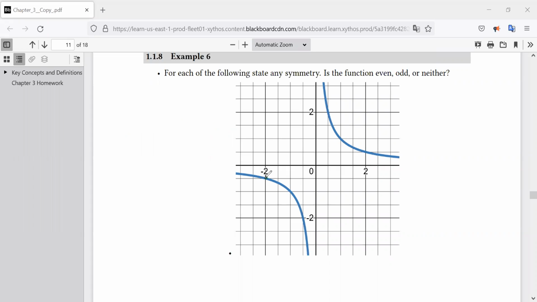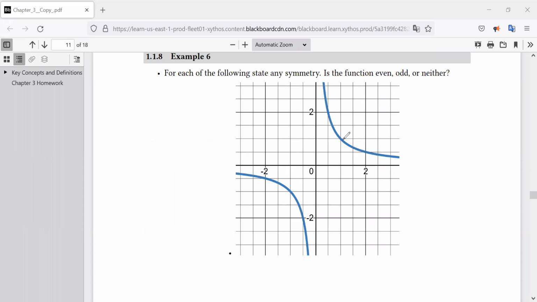If you pick this point right here, f of negative 2 is going to be equal to negative f of 2. Both of them are going to equal negative 1/2. If I had picked f of 2 as the starting point instead of negative 1, it would have been regular 1/2.